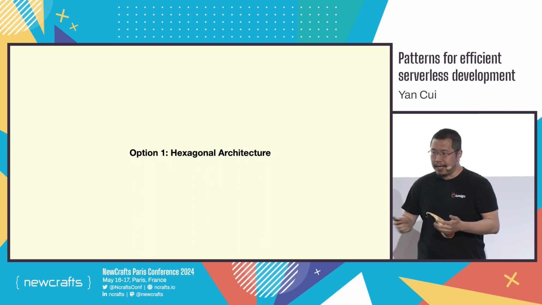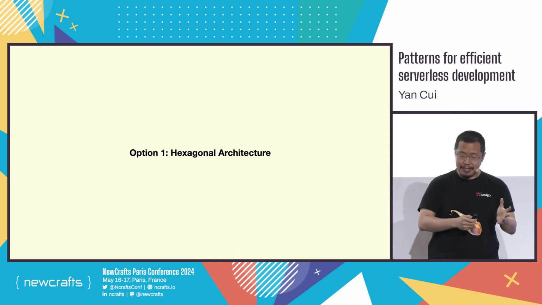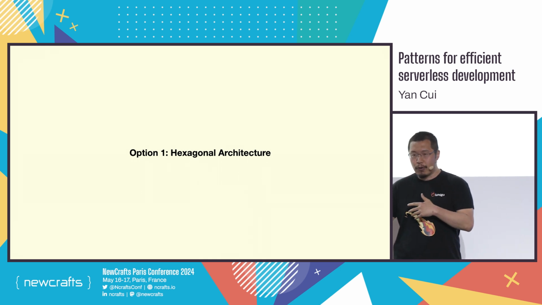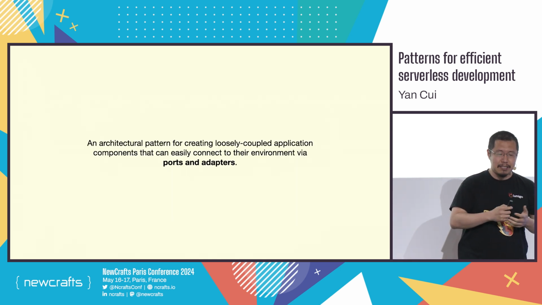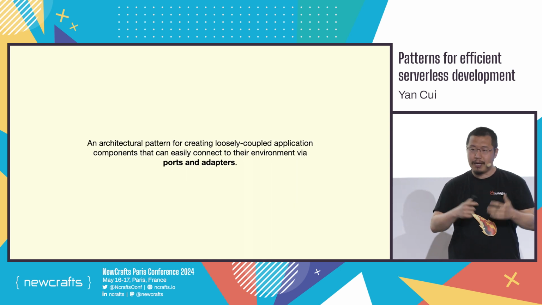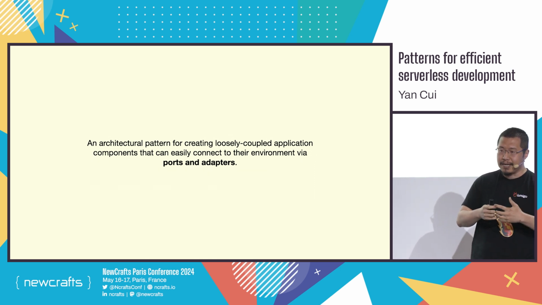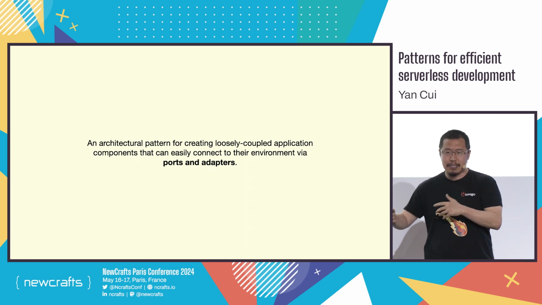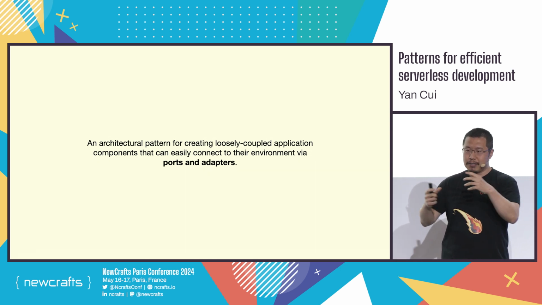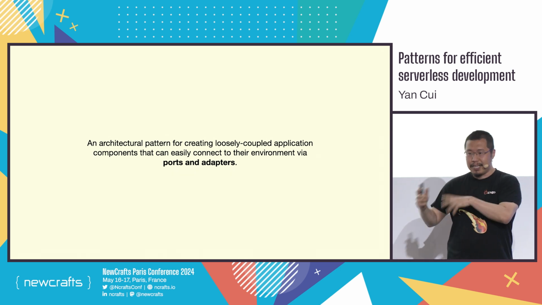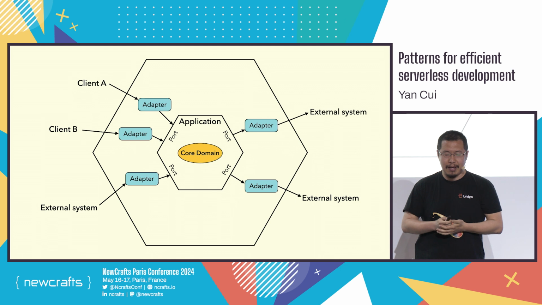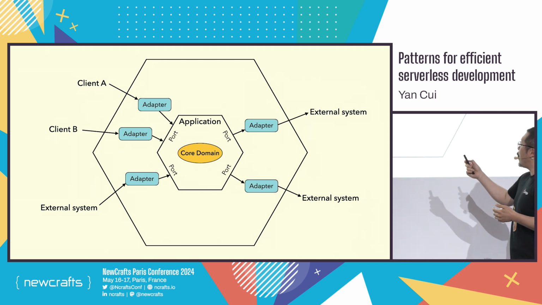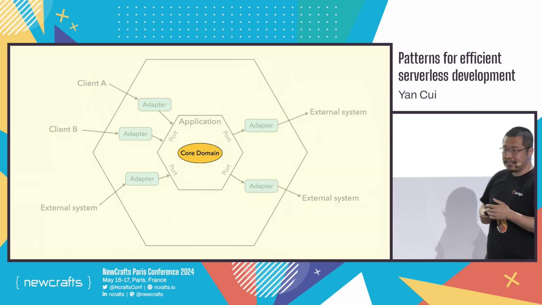The first option is to use the hexagon architecture, which is often called a ports and adapters architecture, because it's an architectural pattern that helps you create loosely coupled application components that can slot into different execution environments by creating these constructs called ports and adapters. And it's usually drawn in a diagram like this one, where you have your core domain logic right at the center there.